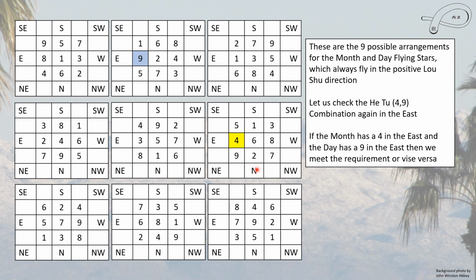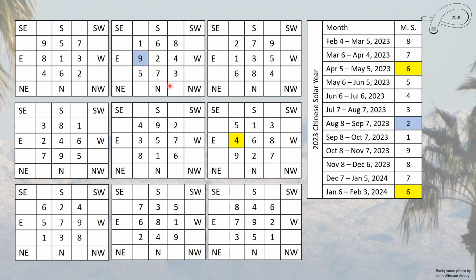Now let's look at the more complicated one, where we have the 9 and the 4. Again, that's the Her2 combo for metal. And we just want to look at the east, so we have some possible dates. Now if we look here, we can see that the month star of 2 will give us in the east the number 9, and the month star of 6 will give us the month star in the east of 4.